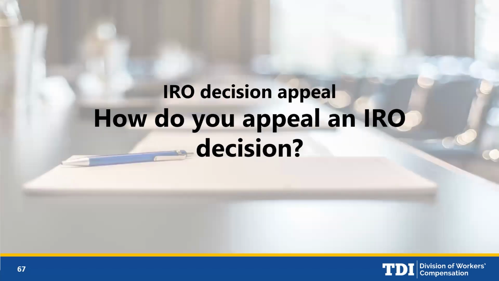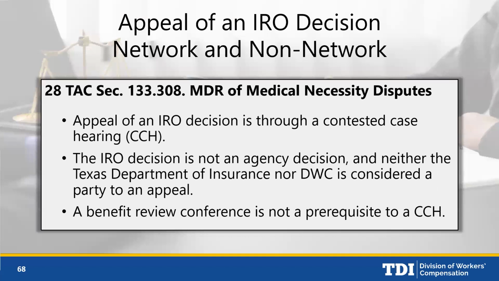So an IRO decision is issued. What if you don't care for that IRO decision and you still want to appeal that decision? Rule 133.308, which is also on that step illustration, gives you the steps to appeal a medical necessity dispute. This is going to go on to the medical contested case hearing, or CCH, in our hearings department.